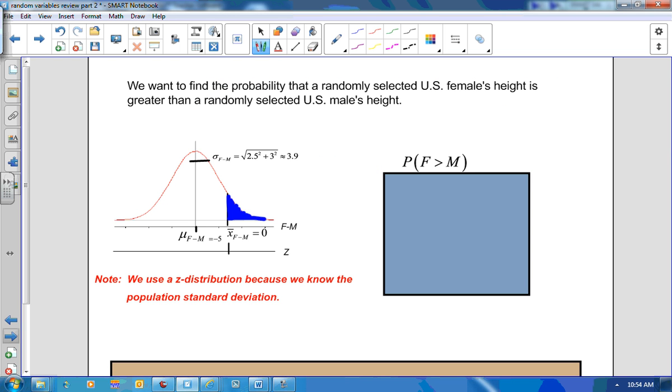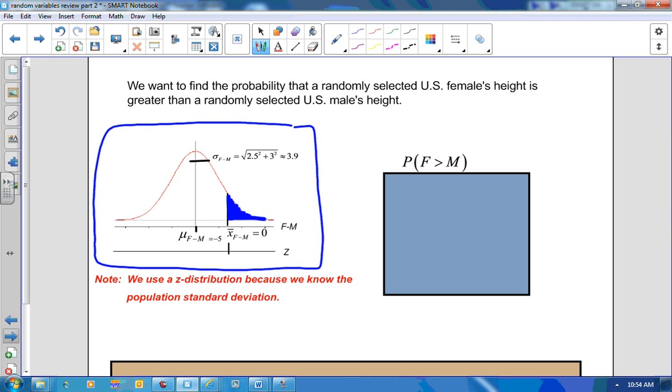We want to find the probability that a randomly selected female from the US is taller than a randomly selected male from the US. So again, we have our distribution here, and we've added one more piece of information. We know that the female will be taller than the male when the difference is greater than 0. So I've shaded this region of the distribution.